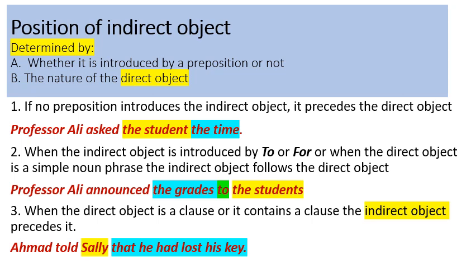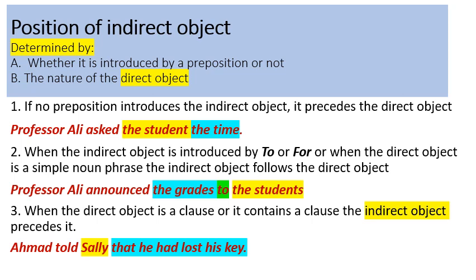Right, let's have a look. Professor Ali, which is the subject, asked, which is the verb, the student the time. Where is the direct object? Where is the indirect object? The indirect object, we said, is the one who receives the action.